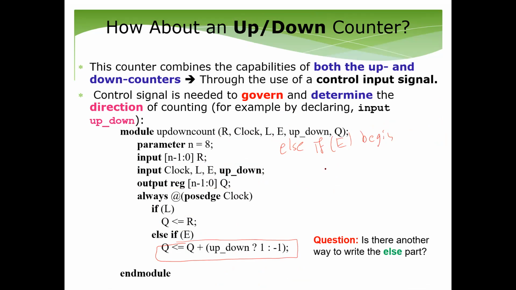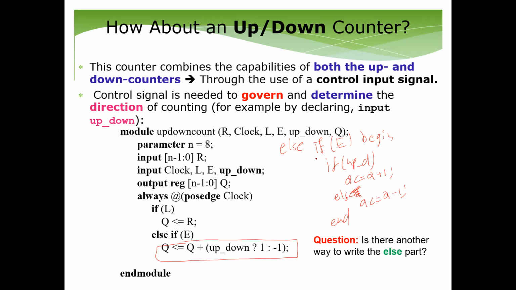An if statement again for up down itself. Yeah, you can do if up down, Q takes on the value of Q plus 1, else Q takes on the value of Q minus 1. Okay, that's one way. You can also use a case statement.